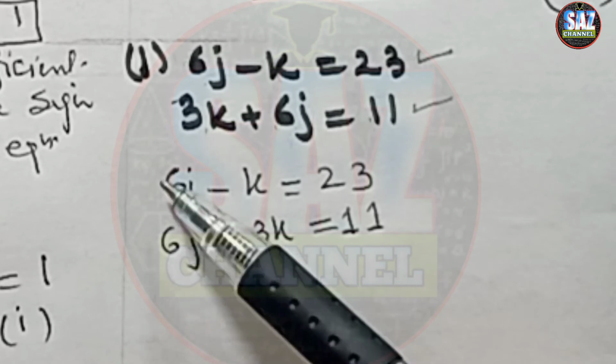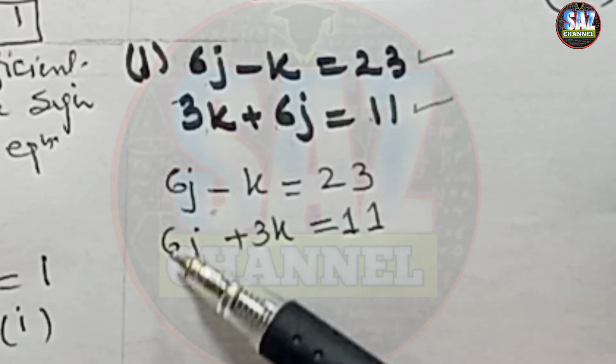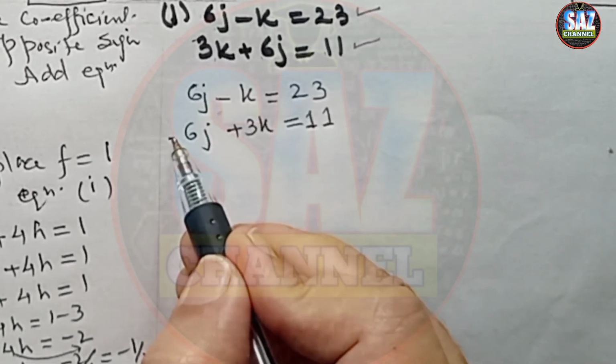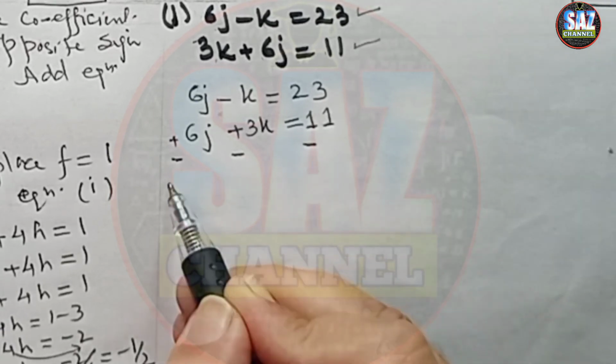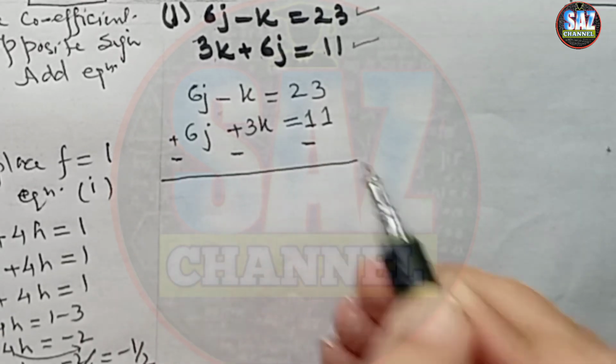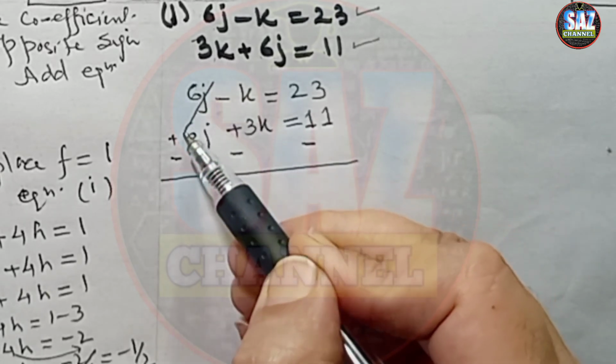The coefficient of j in both equations is 6 with positive sign, same coefficient. We have to subtract the equations. So when I subtract, 6 minus 6, I can remove this j term.